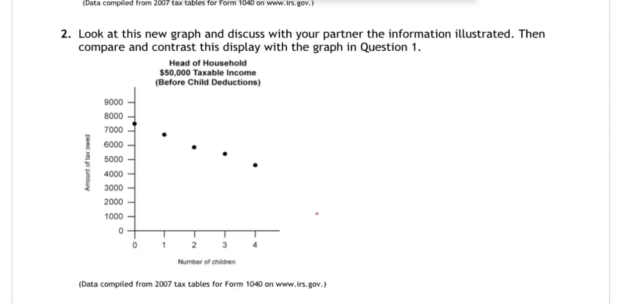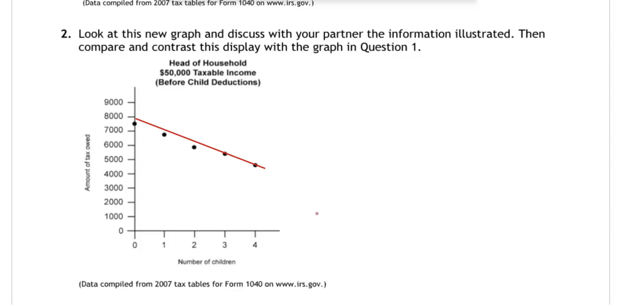So this is showing me a negative relationship. So comparing the two, one is a positive relationship, one is a negative relationship.